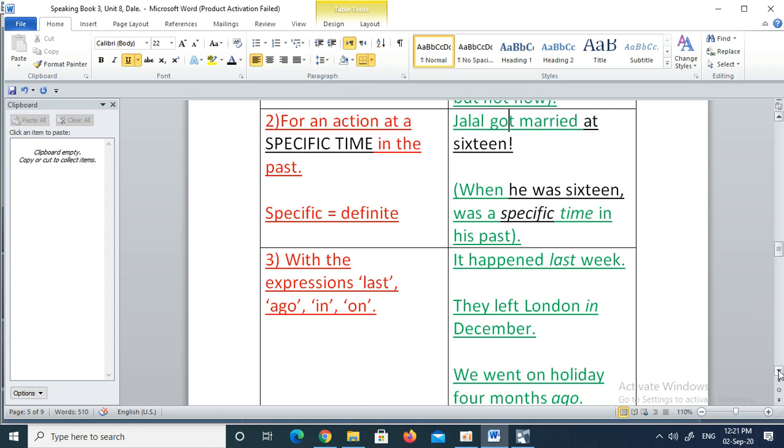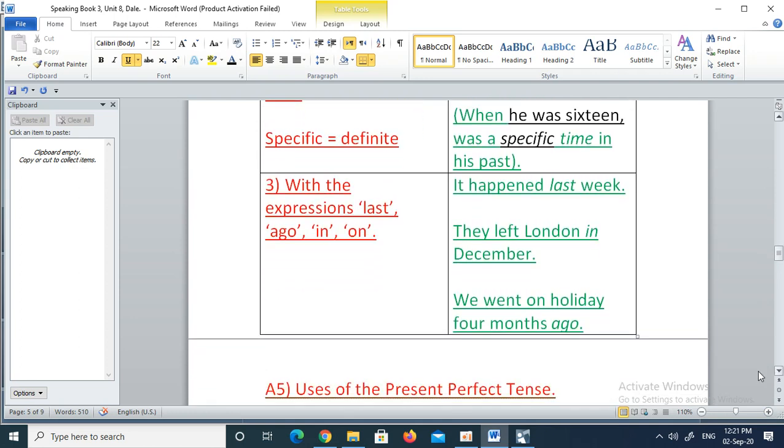We also use the past simple tense with certain time expressions such as last, ago, in, or on. So it happened last week. They left London in December. We went on holiday 4 months ago.